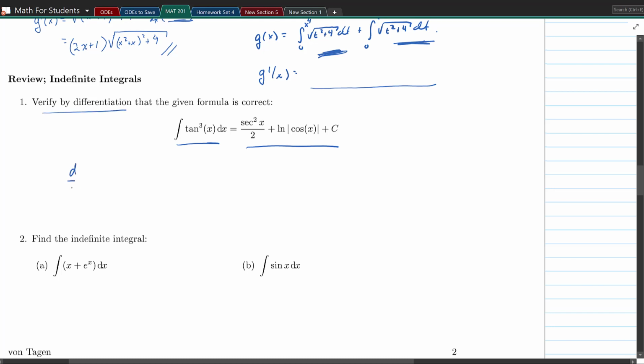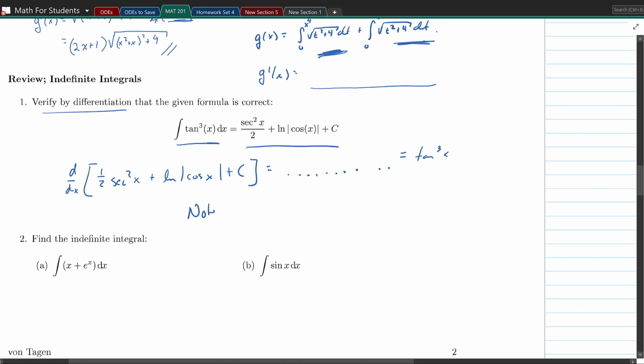So I want you to take d dx of 1/2 secant squared of x plus the natural log of the absolute value of cosine of x plus c. I want you to take the derivative of this expression, and you're going to show some work, and eventually you're going to show that that's equal to tangent cubed of x.